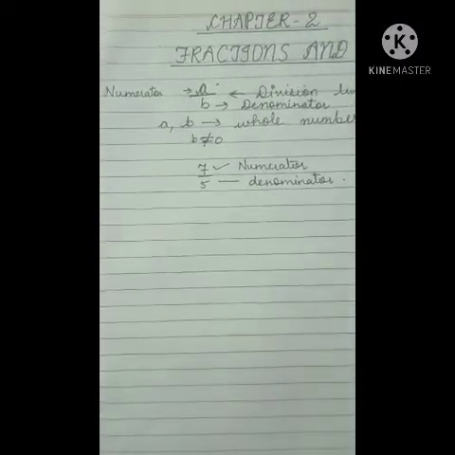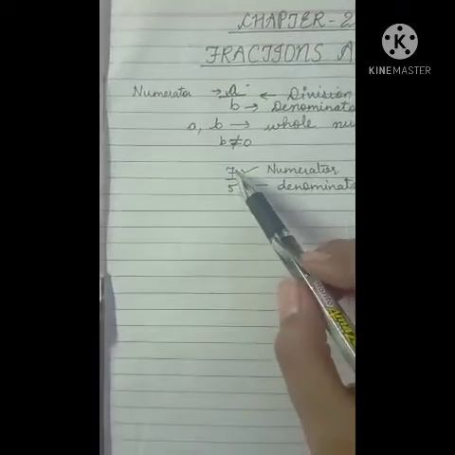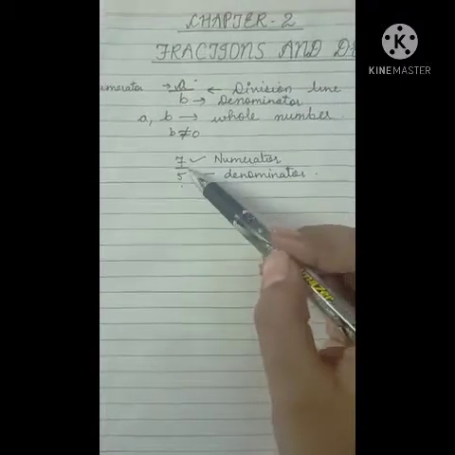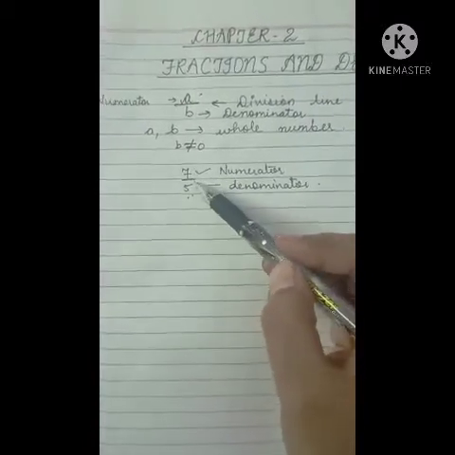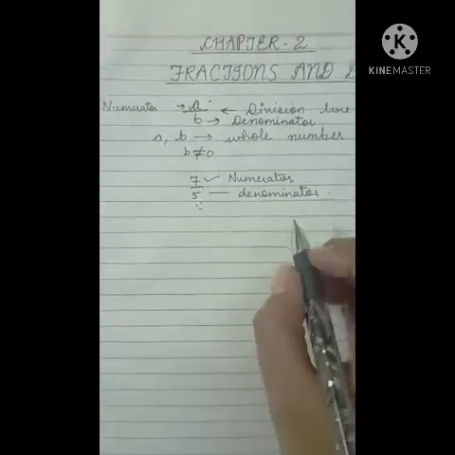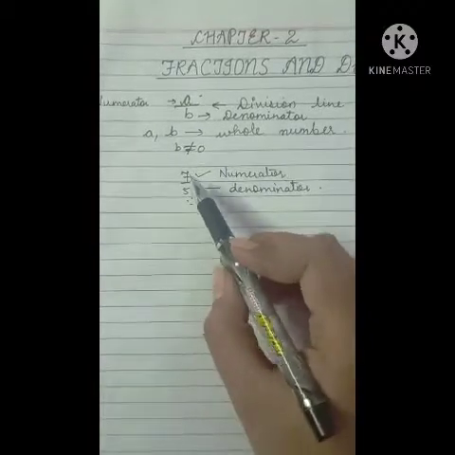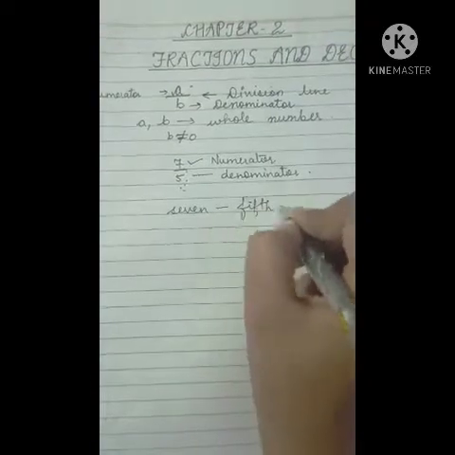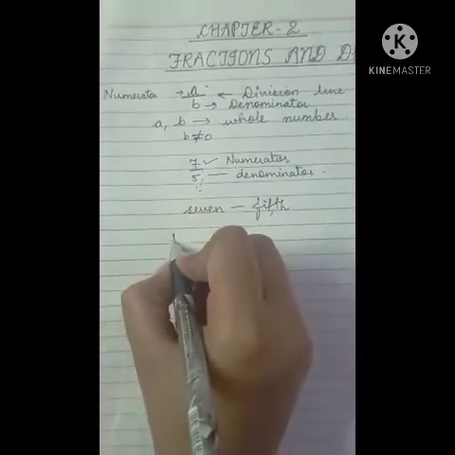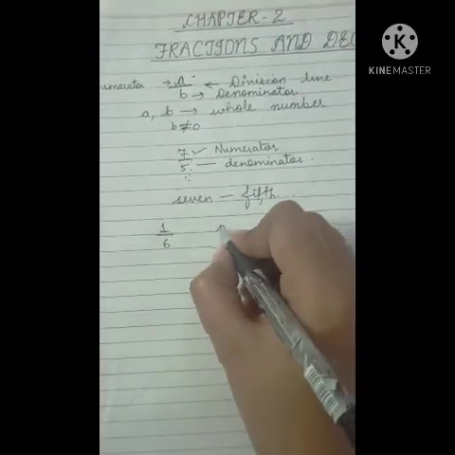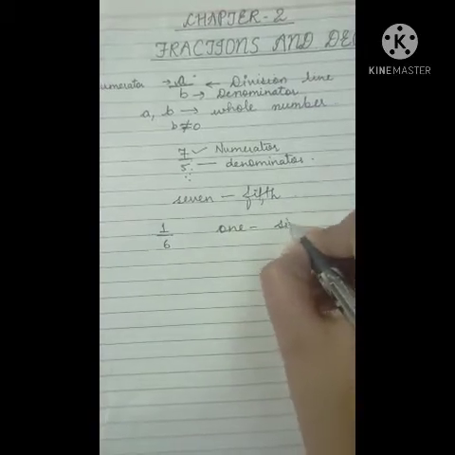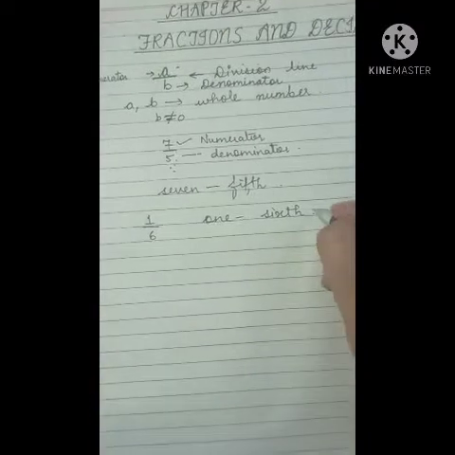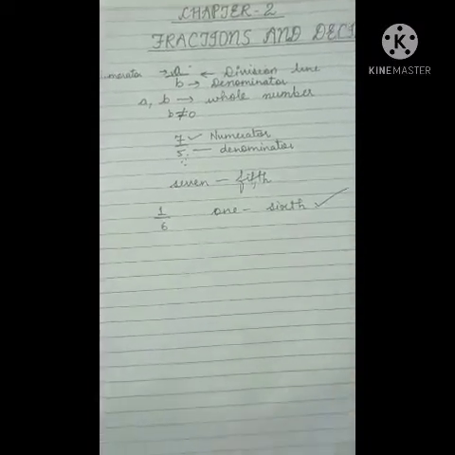We normally say this is 7 over 5, or 7 by 5, or 7 upon 5. If we have 1 by 6, we say 1/6, right? It is nothing but a fraction.